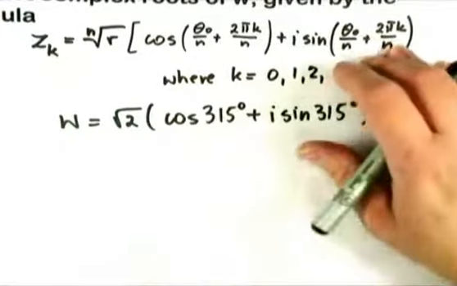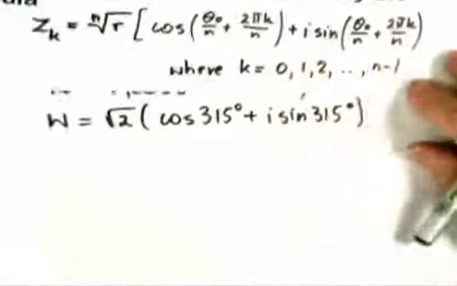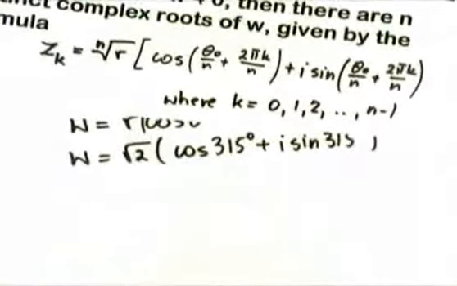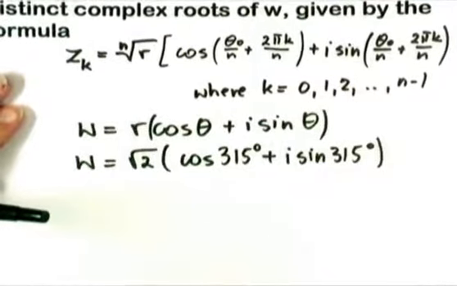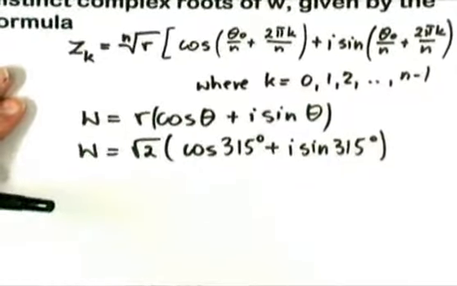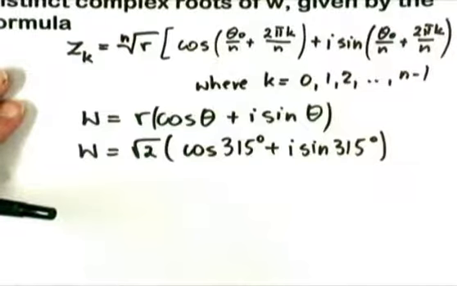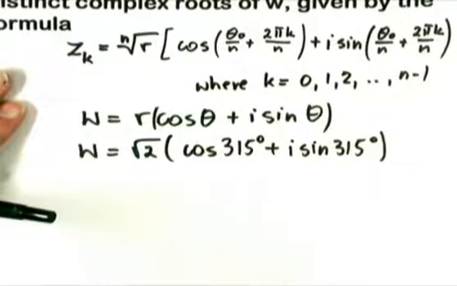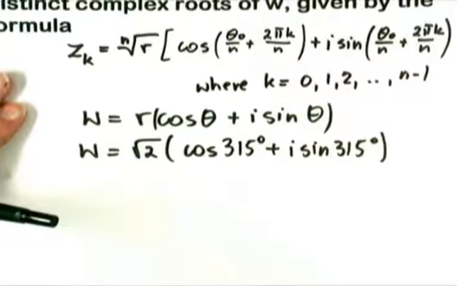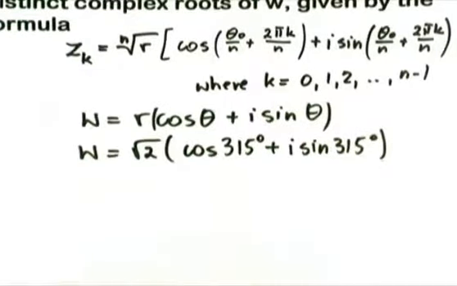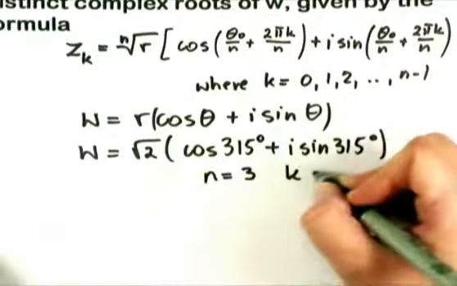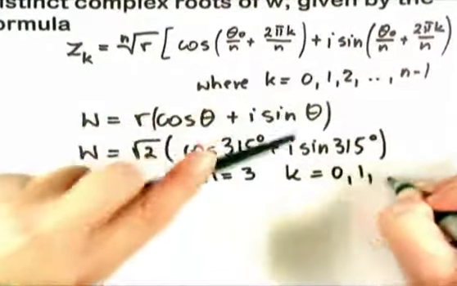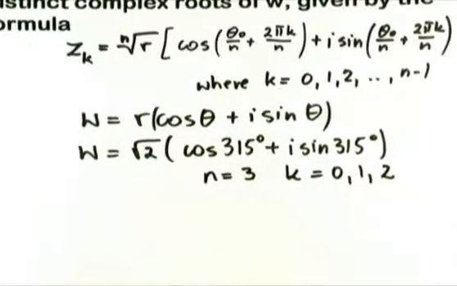We need to find the distinct cube roots. There are n distinct roots of w, so my n is 3 cube roots. N is 3, so my k is going to be 0, 1, and 2, because we need to find cube roots. So let's apply the formula.